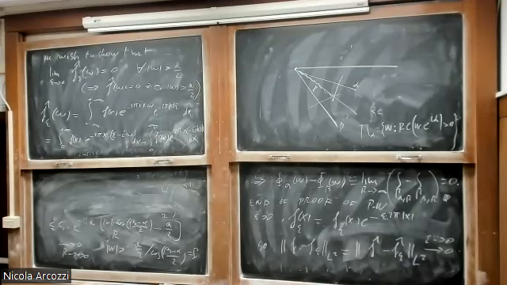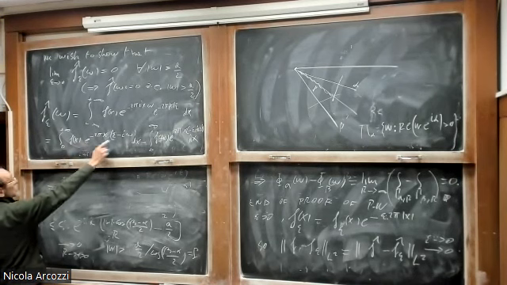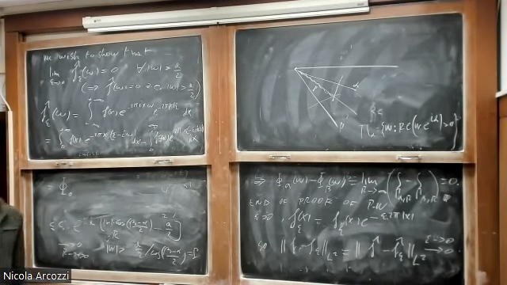Well, this is phi 0 computed at epsilon minus i omega.